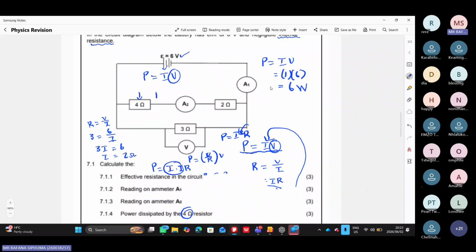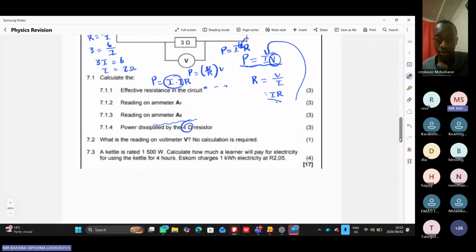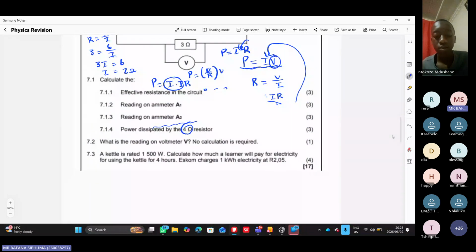Now, when they ask for power, your unit is watts. But when you go to cost, you are not going to use watts. I will tell you why.